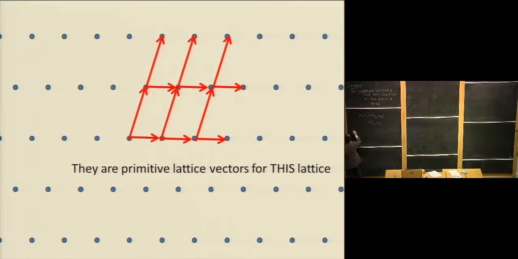A third definition, C, is that a lattice looks the same viewed from any lattice point.